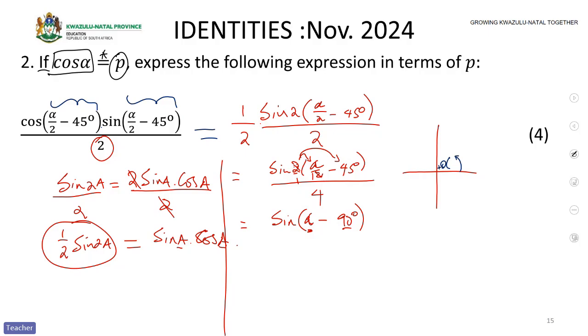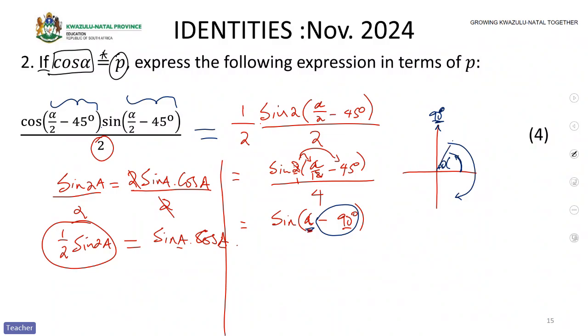But since this alpha is acute, it means the angle we are referring to is less than 90 degrees. What then does it mean? After we moved anti-clockwise just before 90, we also then added negative 90. So what does this negative 90 mean? It means we are changing our direction to be clockwise 90 degrees.